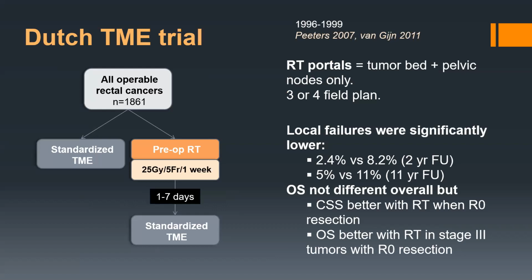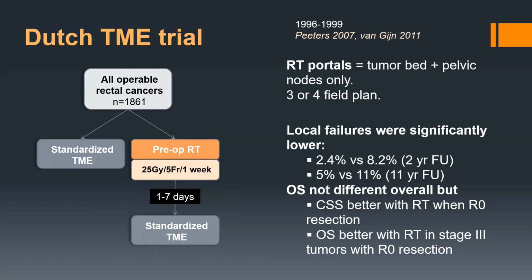This trial is known as the Dutch TME trial. Here, nearly 2,000 patients were randomized to standardized TME alone versus preoperative short course radiotherapy followed by standardized TME. The radiotherapy portals included the tumor bed and pelvic nodes only, with a 3 or 4 field plan.